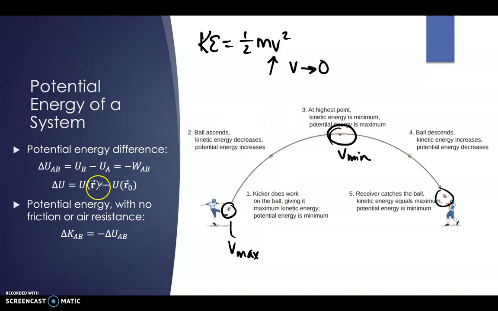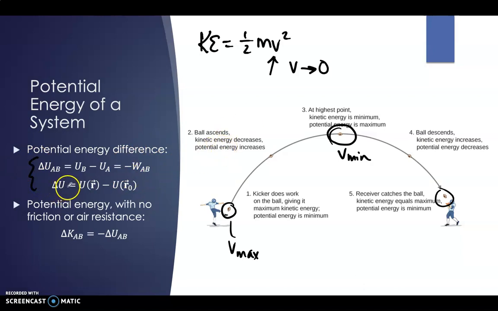But just to get the idea that we have a potential energy difference, and we define that as the final potential energy minus the initial potential energy, and it is equal to negative the work from the initial to the final.